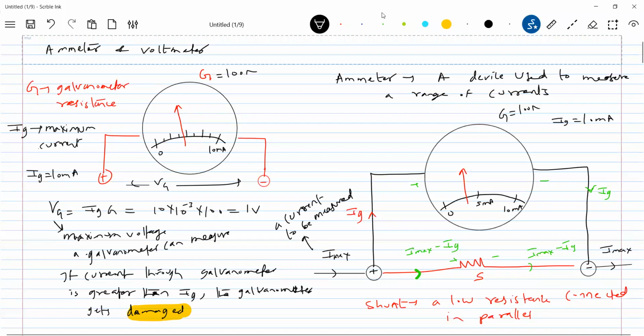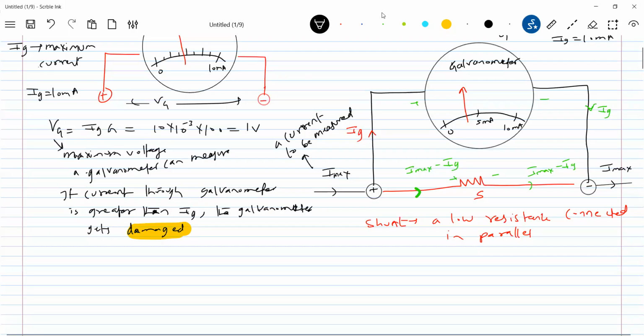For that, I'm connecting a low resistance in parallel with the galvanometer. And this is the galvanometer. So as good as it is, there are two parallel circuits, and we are sending current I max. Then the current will branch.